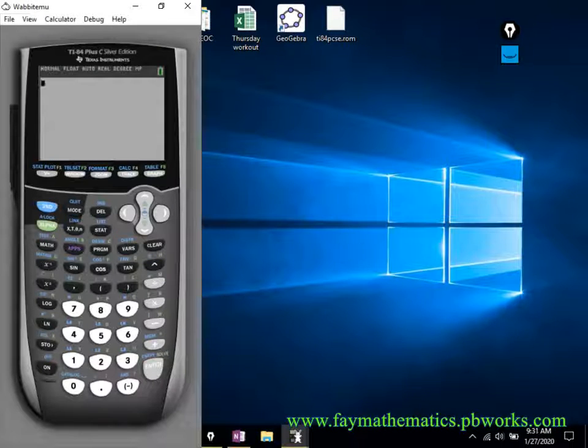But we're going to just type in like cosine of, go 30 degrees. Cosine 30 degrees. 0.866, right? Okay. Type in cosine of 150.